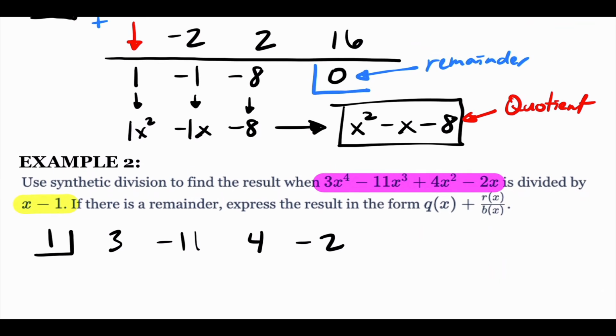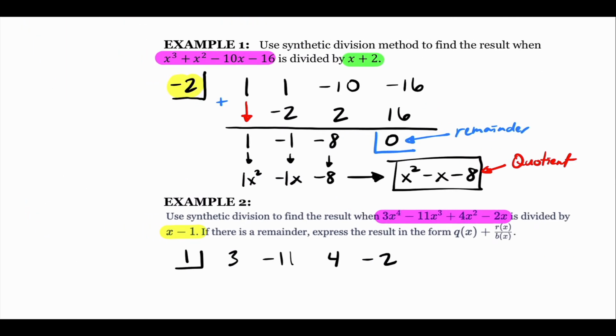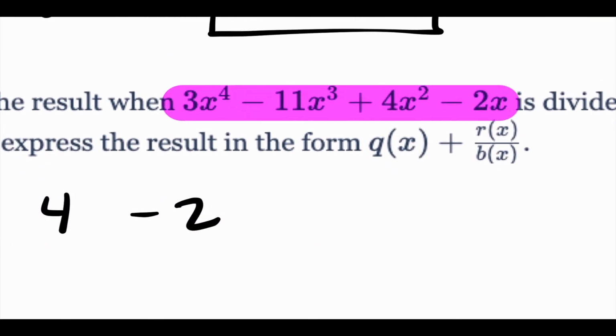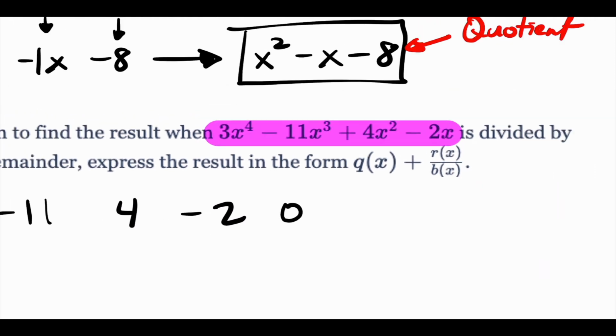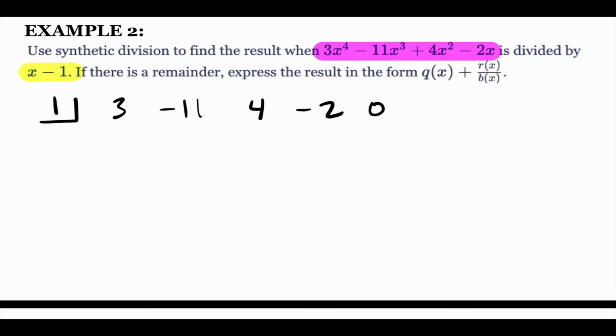There's something it's missing that the last guy had. Which part? The number at the end, right? With no x, right? Well, this guy doesn't have it. It stops after negative 2x. So I have to put in a placeholder, right? We've done this before. What do I put in its place? 0. Okay, I just got to remember that. Still use placeholders if something's not there.